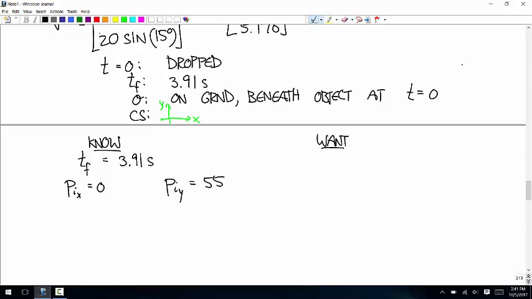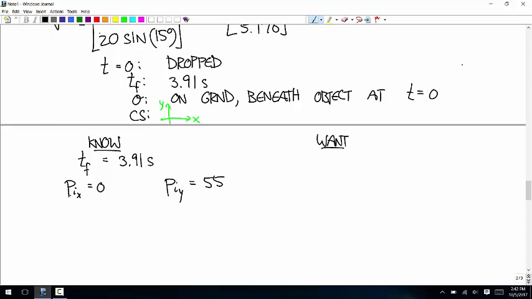That's just because I chose a different origin location. So you can do it either one of those two ways, with the origin on the ground, or with the origin where the helicopter is when the thing is dropped. I chose it the other way for the first part too, I think. Or no, I didn't. Oh well, that's a mistake then. I'm going to do it this way just to be consistent with the way I've been doing all the other example problems.